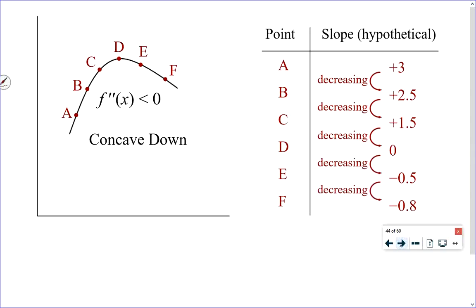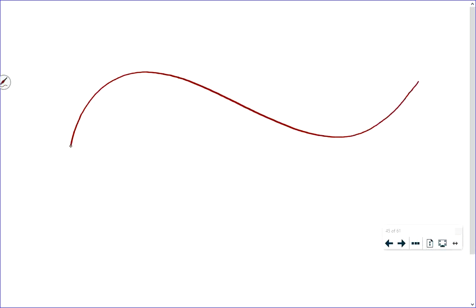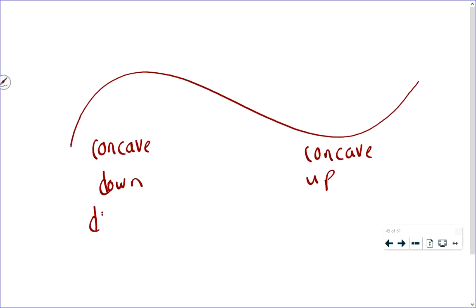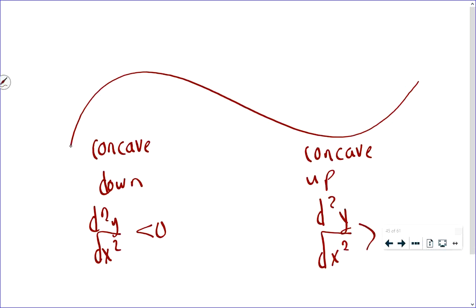By the way, it's very easy for you to remember which is which with regards to the second derivative, because if I have, say, this shape, this is concave down. This is concave up. The second derivative is negative. The second derivative is positive.